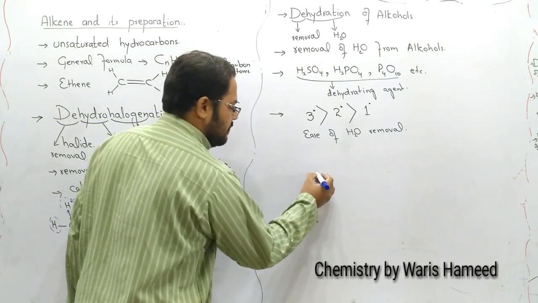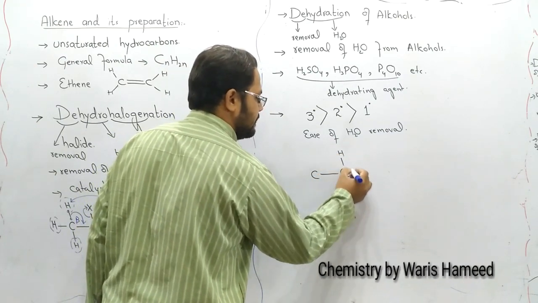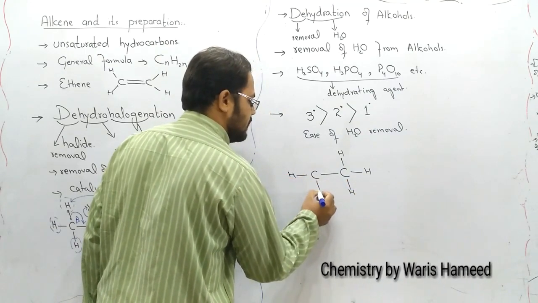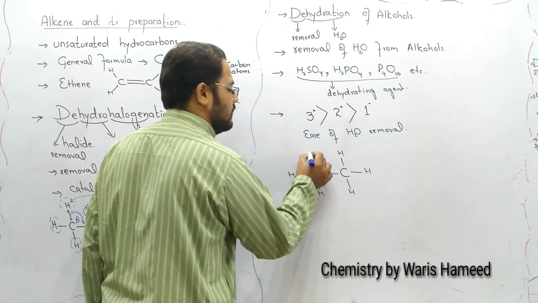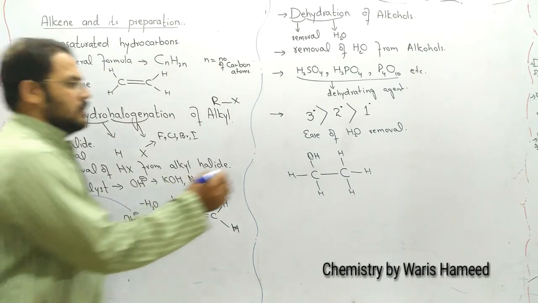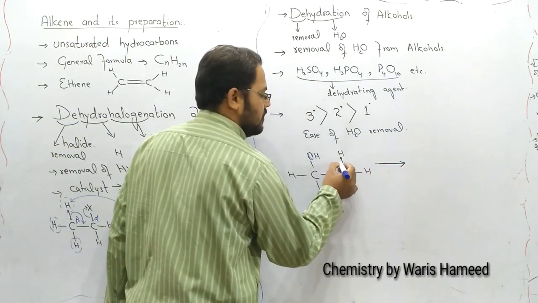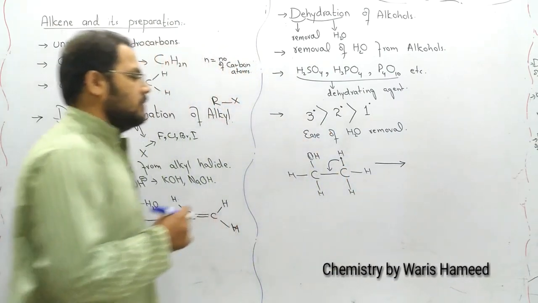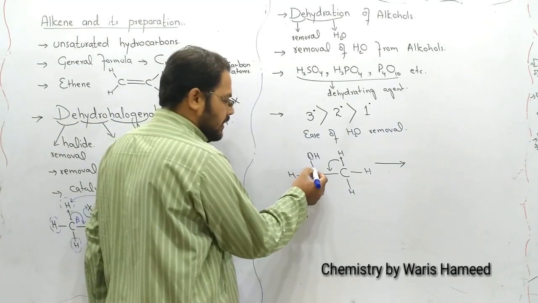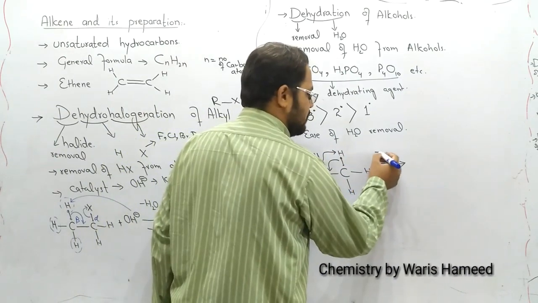Here is the main reaction of dehydration. It's ethanol. This bond will come toward the bond of carbon atoms, and this hydroxyl will leave and pick this hydrogen, forming a water molecule.